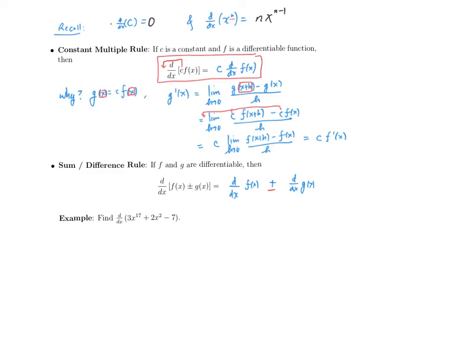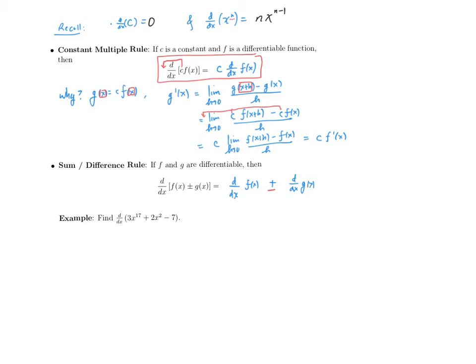That is, the derivative of f plus g is the derivative of f plus the derivative of g, and vice versa, the derivative of f minus g is the derivative of f minus the derivative of g. And note, this was the rule we actually utilized at the end of the previous video.